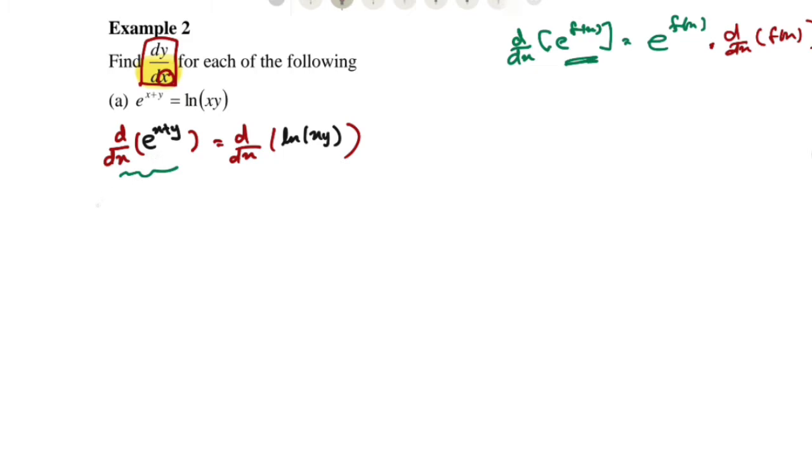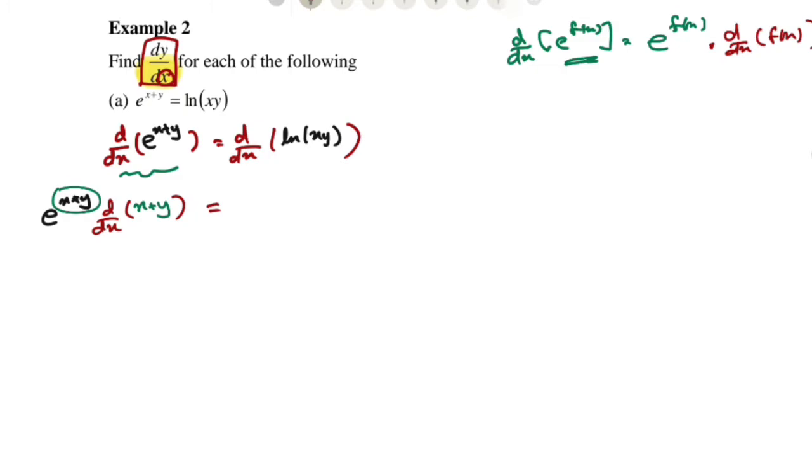Same concept applies, no matter whether it is implicit function or not. So, start by copying your exponential term. Do not do anything with that exponential term. After that, multiply with the derivative of the power of that exponential term. And what is the power of the exponential term? It is just x plus y. You can stop until there because we have not differentiated this yet. So just leave it like that.